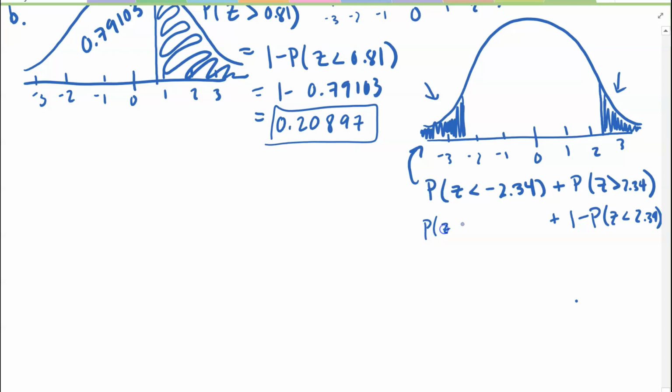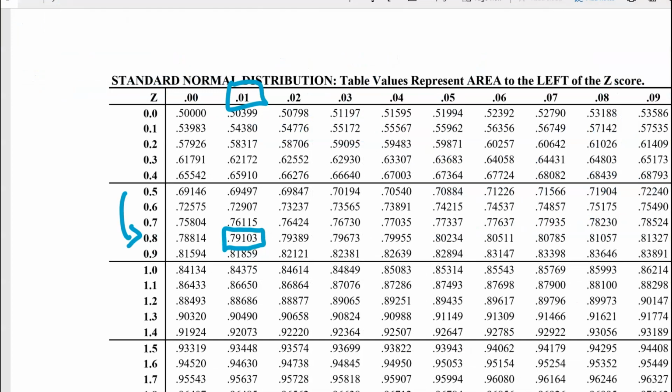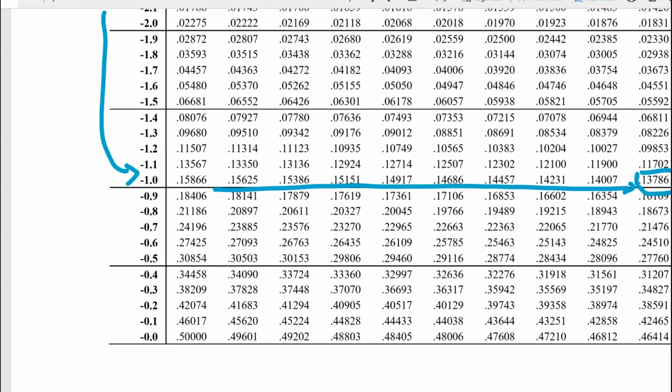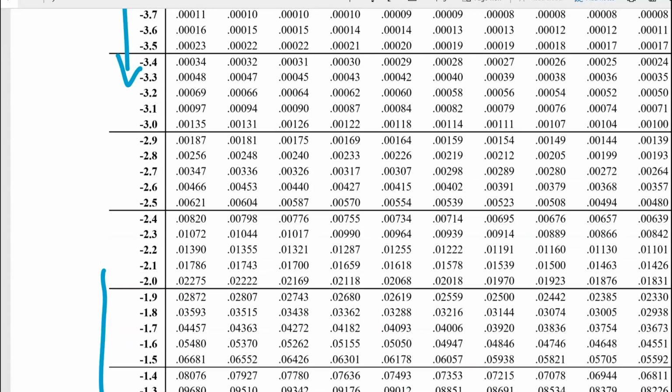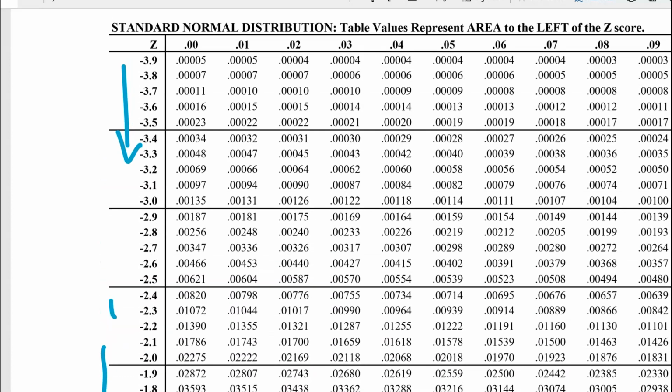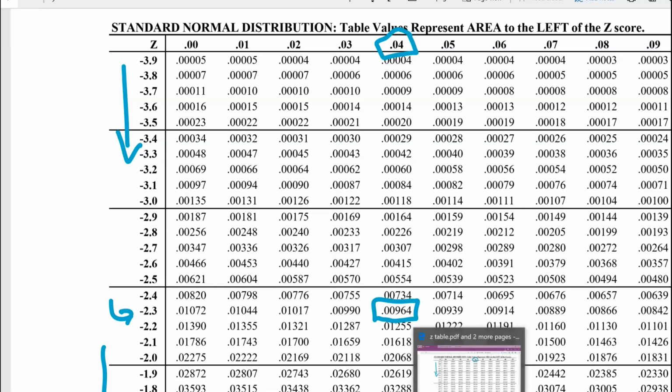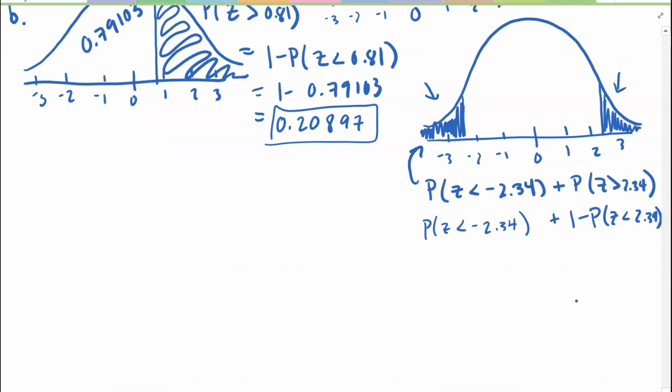We know that when we're looking up the less thans, these are easy because those are the ones that the z table already gives us. So the area below negative 2.34, we can go right back to our table. We go, okay, we see negative 2.3. We cruise over until we get to that 0.04 hundredths place column, and we have 0.00964 as one tail.